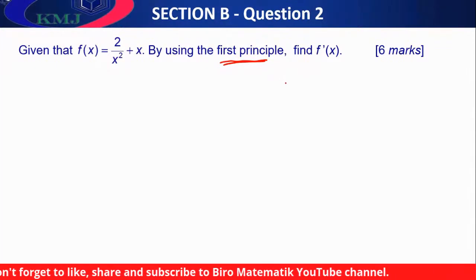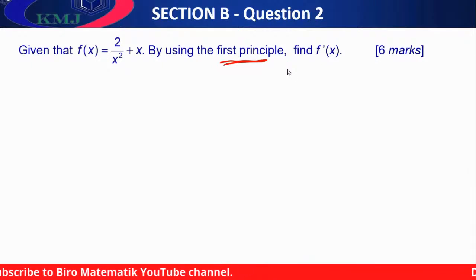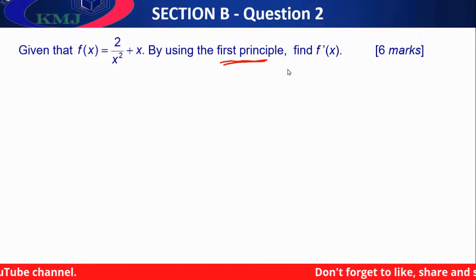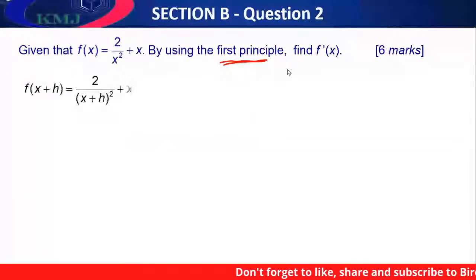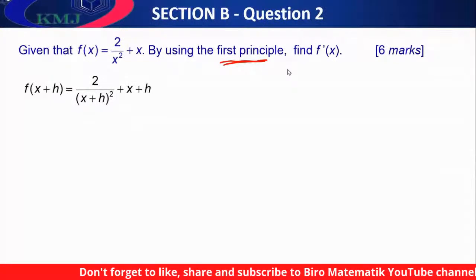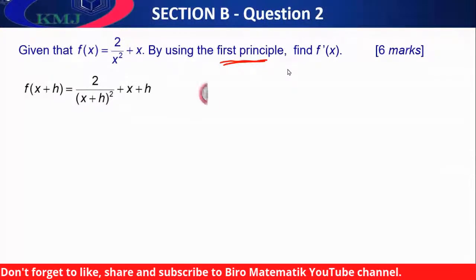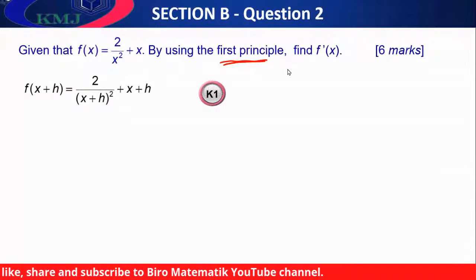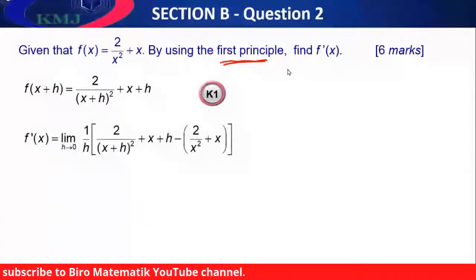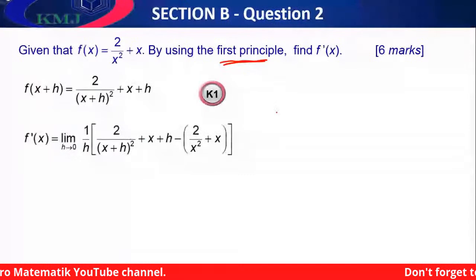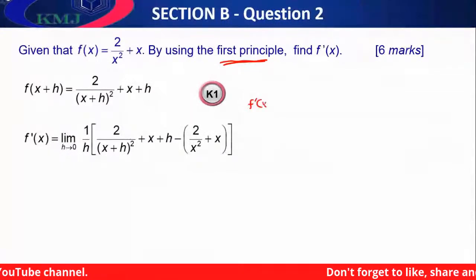If you use other methods than that, then we will get 0 marks. First step, find f(x plus h). Substitute x with x plus h, 1 mark.